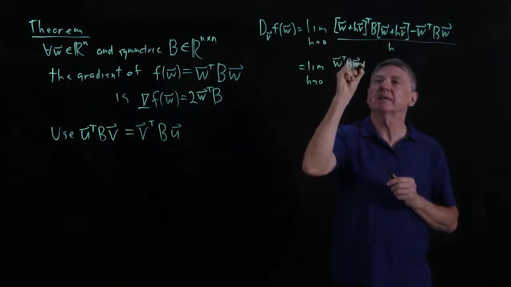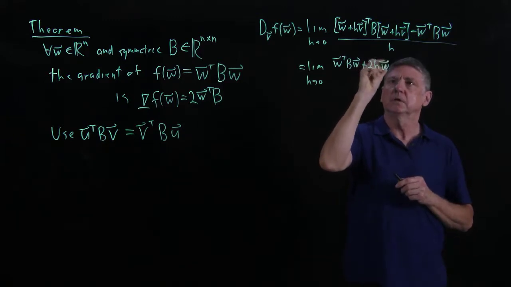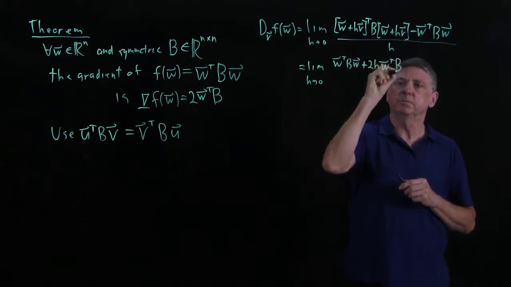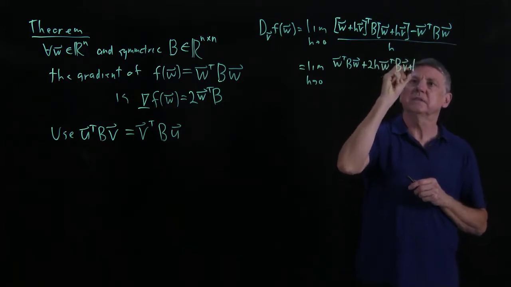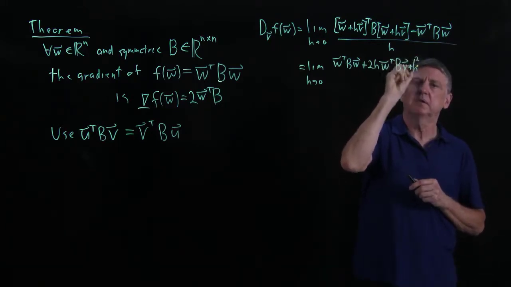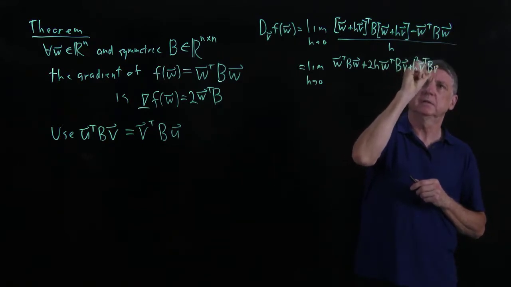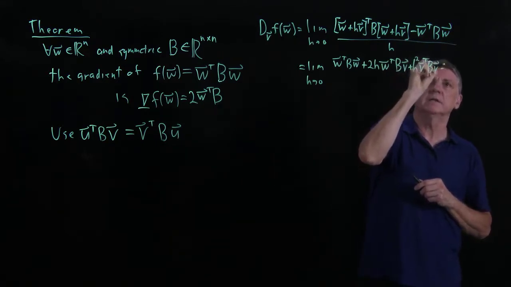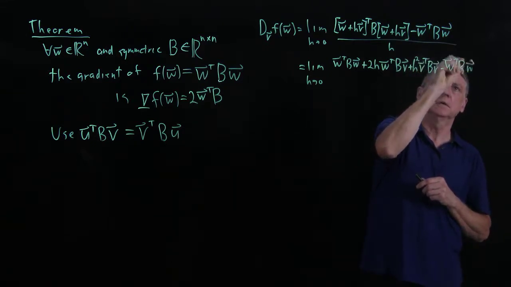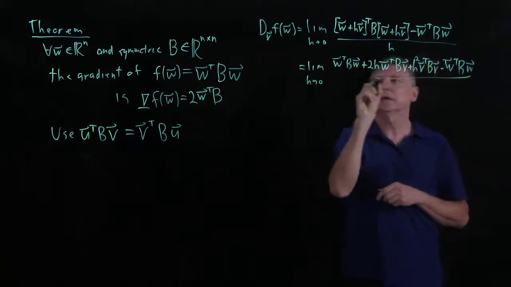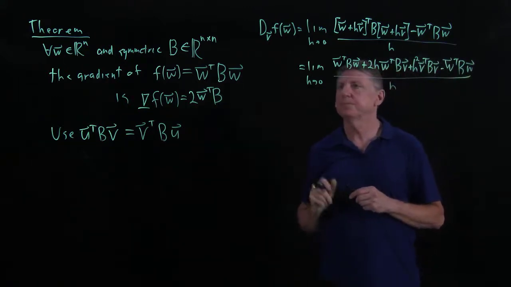So that is plus 2 times h times w transpose b times v plus h squared times v transpose b v minus w transpose b w, and that entire term is divided by the scalar h.